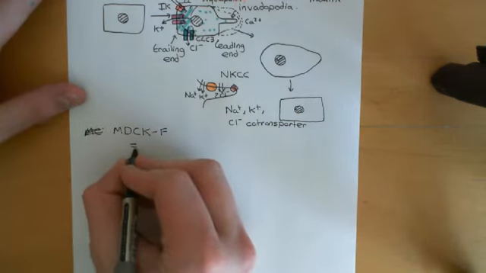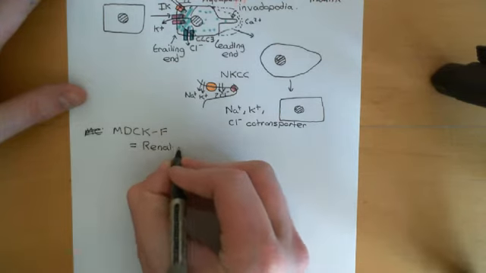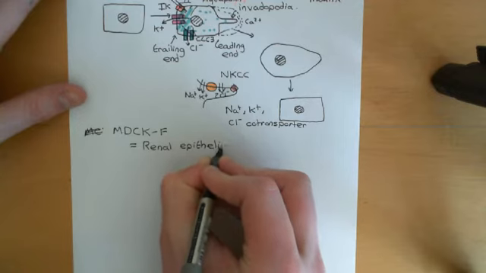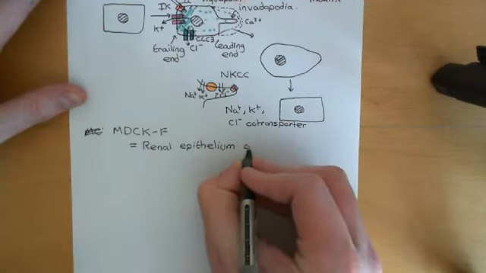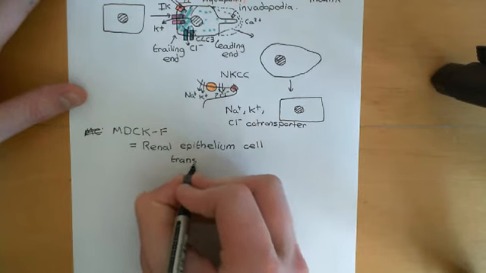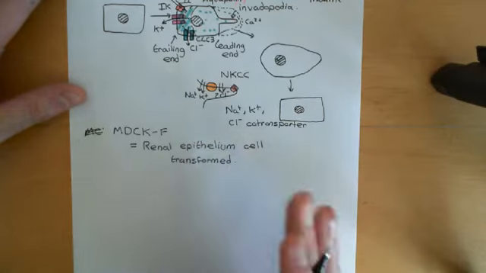So basically it's a renal tubular cell, a renal epithelial cell, one of those cells that lines the renal tubules. And it's been transformed, so it's cancerous.